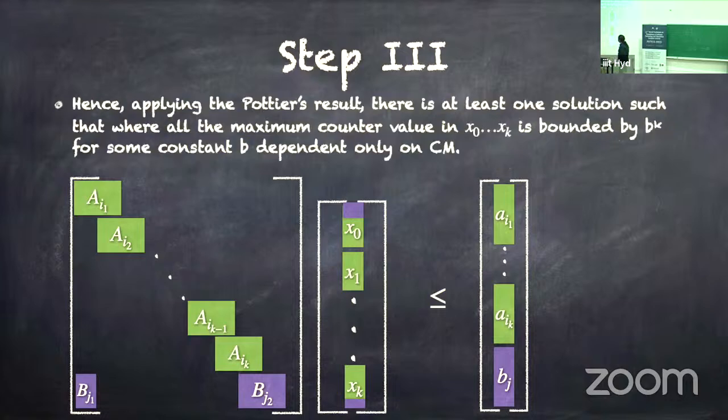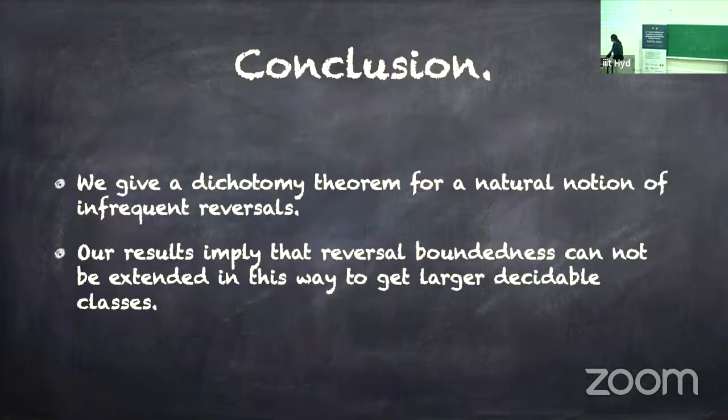Hence, you have an upper bound which is independent of the run that you choose, or of this K. And hence what you get is a bound for the solution X0 to Xk. If there is a solution, there exists a solution where all the counters X0 to Xk are bounded by B raised to K, because the infinity norm is nothing but the max of these. And hence you are done.